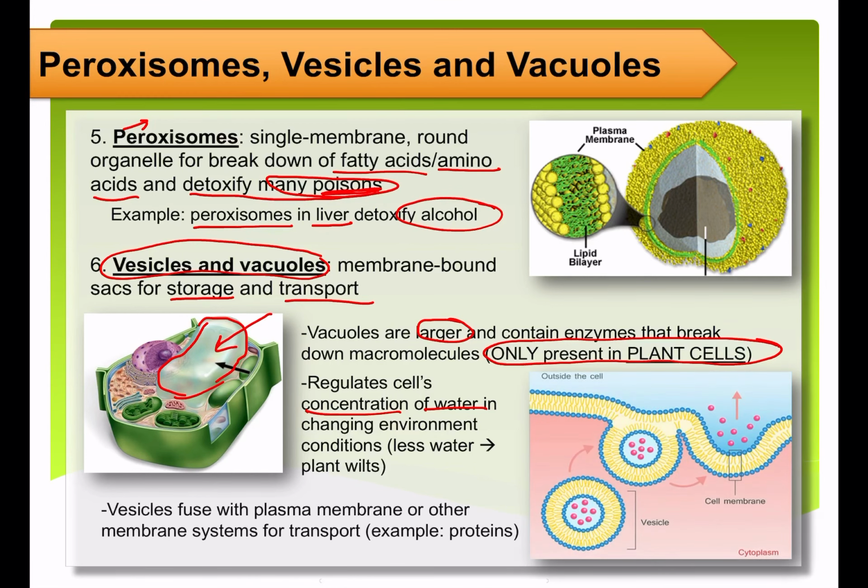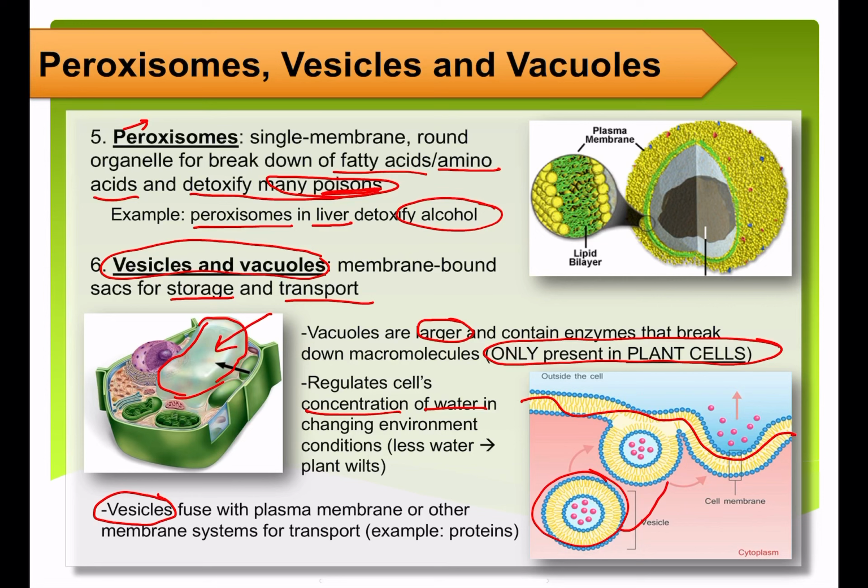Vesicles, on the other hand, are smaller little pockets or pouches, like this, within the cell that enable the delivery of materials from one part of the cell to another part, or even all the way to be excreted outside of the cell through the plasma membrane. This is the plasma membrane right here.